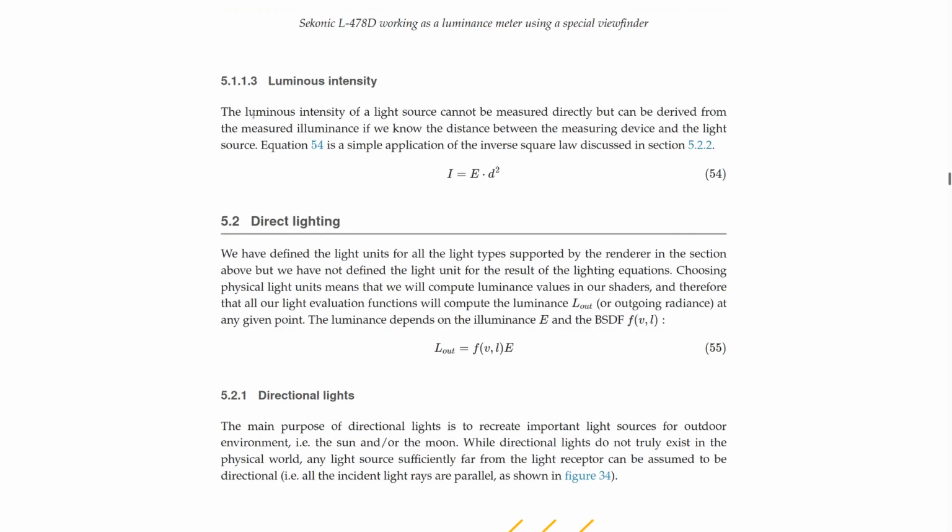Luminous intensity of a light source cannot be measured directly, but can be derived from the measured illuminance if we know the distance between the measuring device and the light source. Equation 54 is a simple application of the inverse square law discussed in 5.2.2.